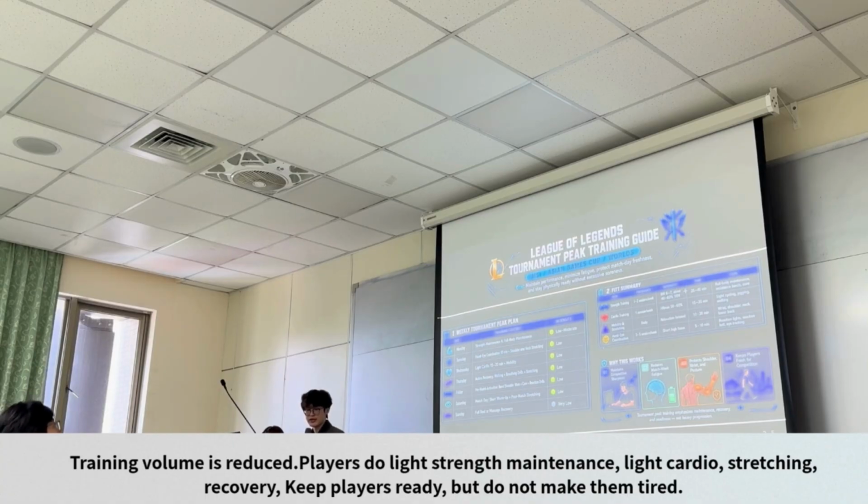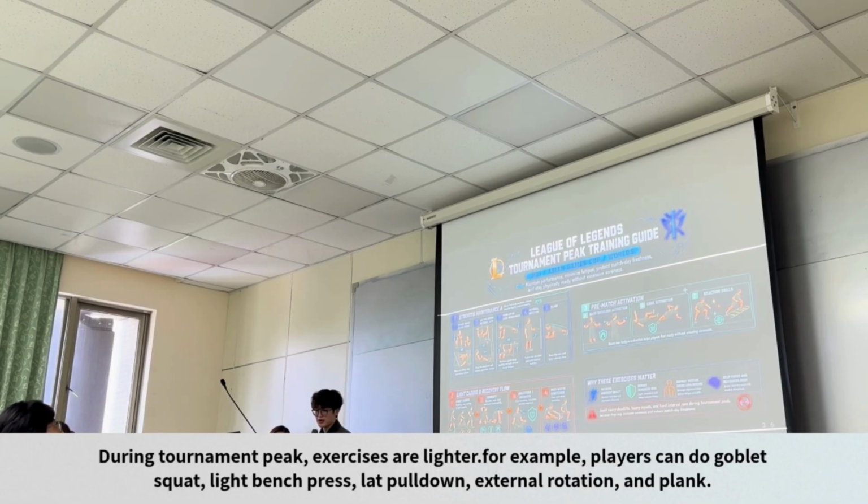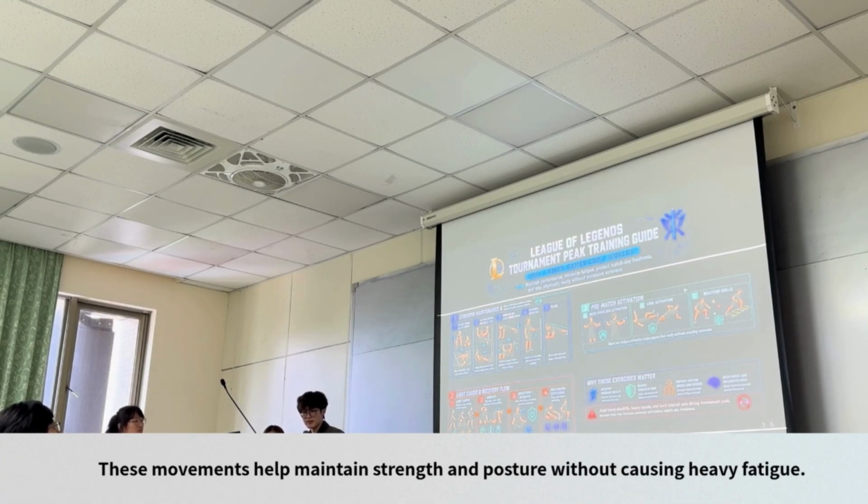Keep the players ready, but don't make them tired. During the tournament peak, exercises are lighter. For example, players can do goblet squats, light bench press, lat pull down, external rotation, and plank. These movements help maintain strength but do not cause heavy fatigue.